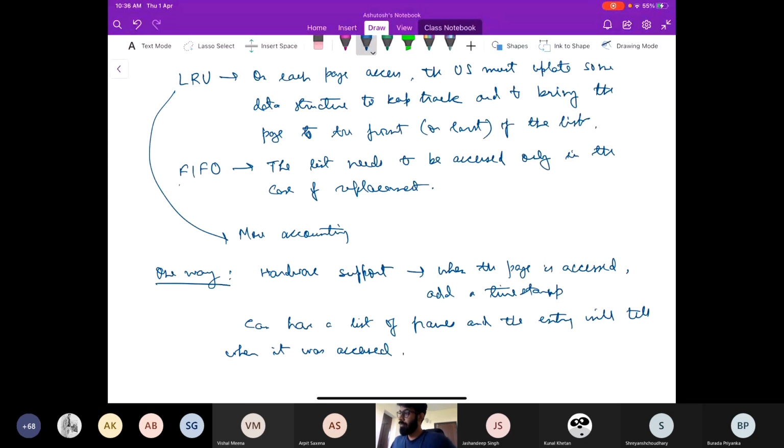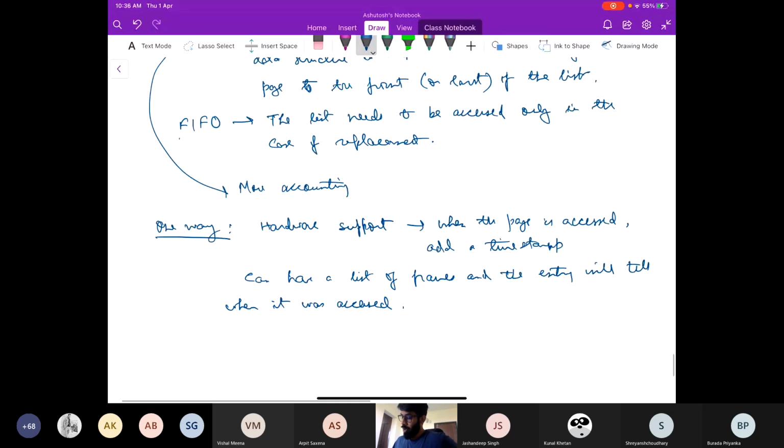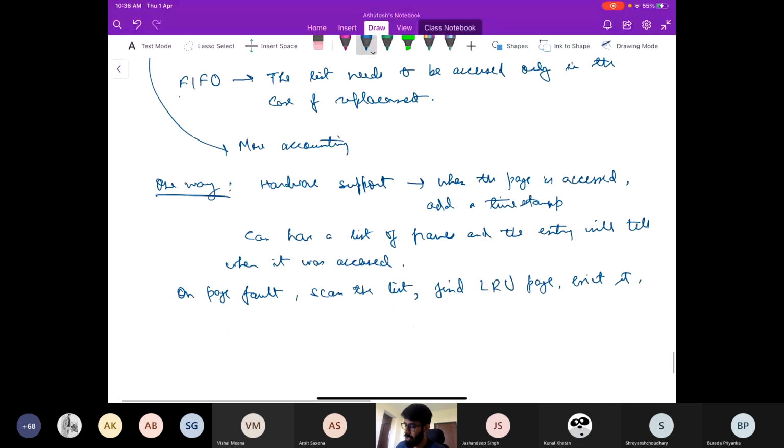So now on page fault, scan this list, find the least recently used page, evict it. Okay. So that is the idea to implement LRU in one way.